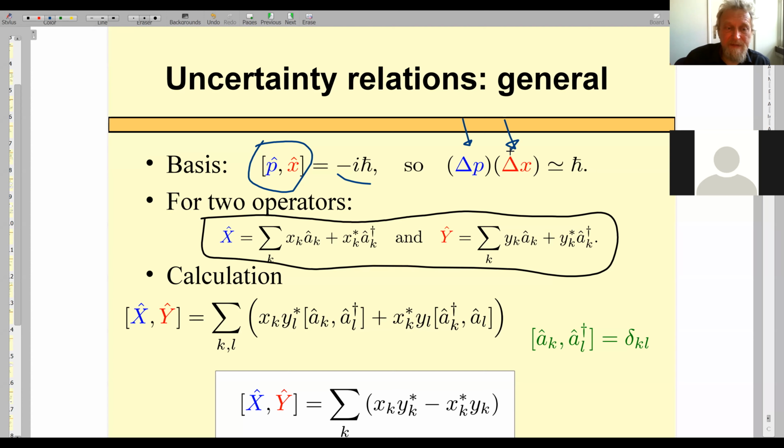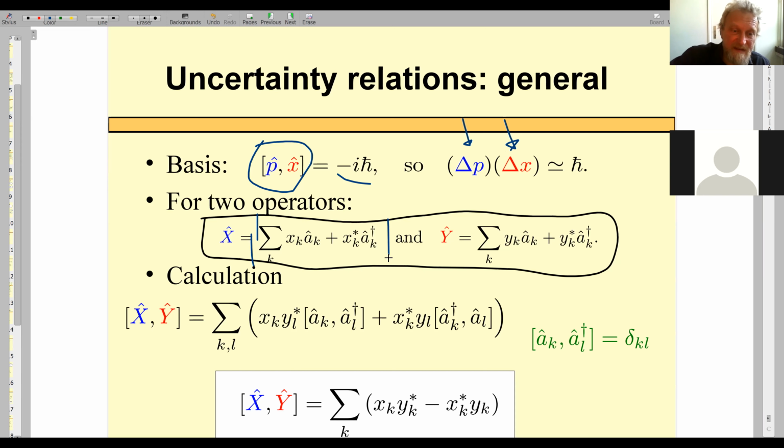Sure, that's simple, which means that for any two operators, to characterize their uncertainty, we just need to compute their commutator. We are working with field operators, and we know that for any field, any operator is a linear superposition of creation and annihilation operators.